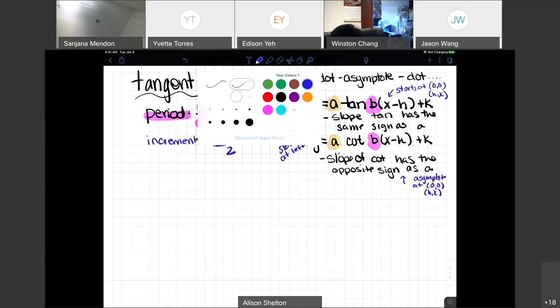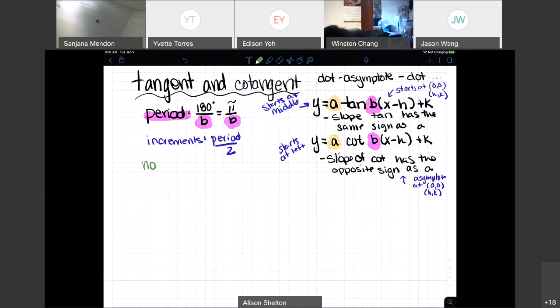And just like we did with the other ones, there are no amplitudes other than knowing what our sign is for our slope. We have 2 examples, one for the tangent, one for the cotangent, and then we're going to move on to writing the equations from graphs.